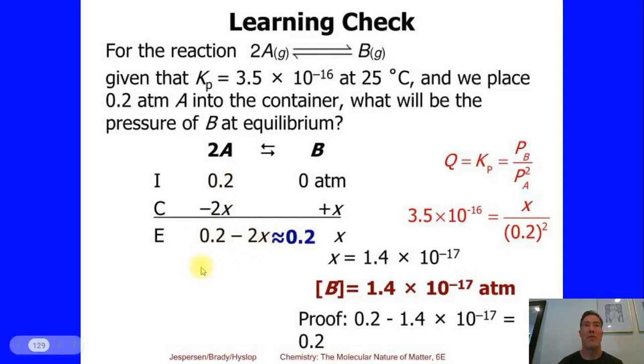It's just like if we start with the entire population of the United States, 350 million, and you subtract one person, it's still going to be 350 million. Right? I didn't change the overall population enough to matter. Same thing here. This tiny little change in x, we can still say is still 0.2. And thus we can put that into our expression and solve for it without having to use a quadratic.